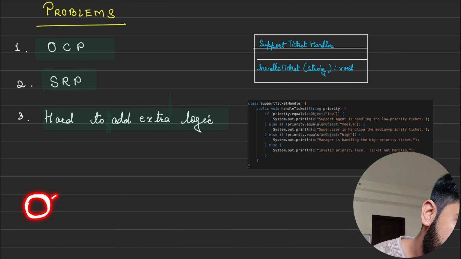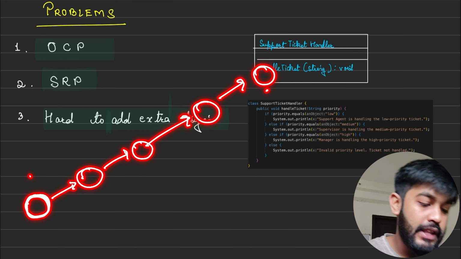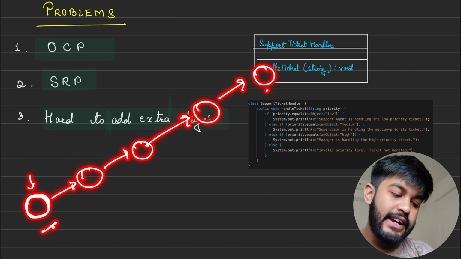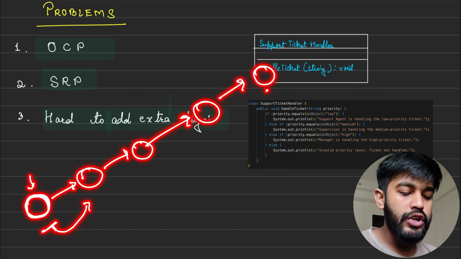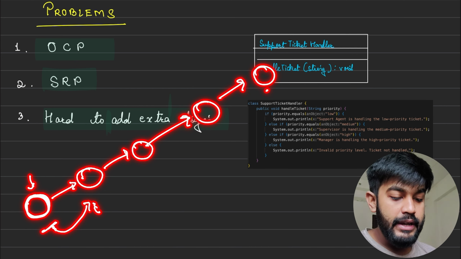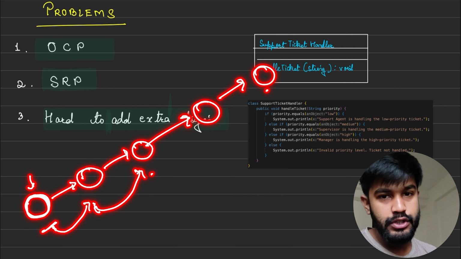That we have a linked list. We have a linked list kind of structure. The very first node would see if it can handle it. If it can't handle it, it would pass on to the next node which is pointing after it. If it can handle it, it would handle it, else it would pass on to the next node.